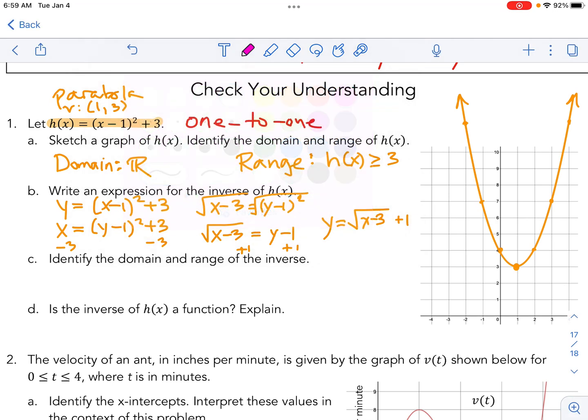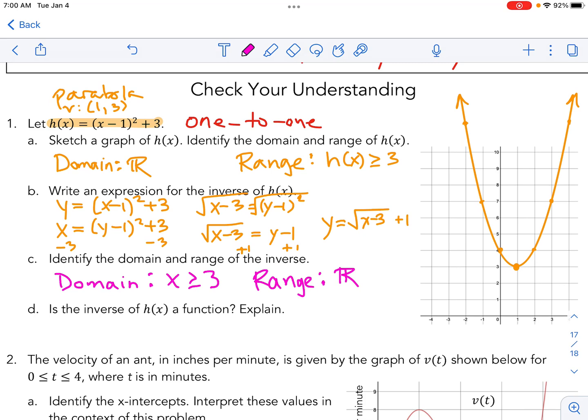So for the inverse, I could say that the domain is all x values greater than or equal to 3, right? That's what this is saying, right? Because this y becomes the x now, we're swapping. And the range becomes all real numbers.